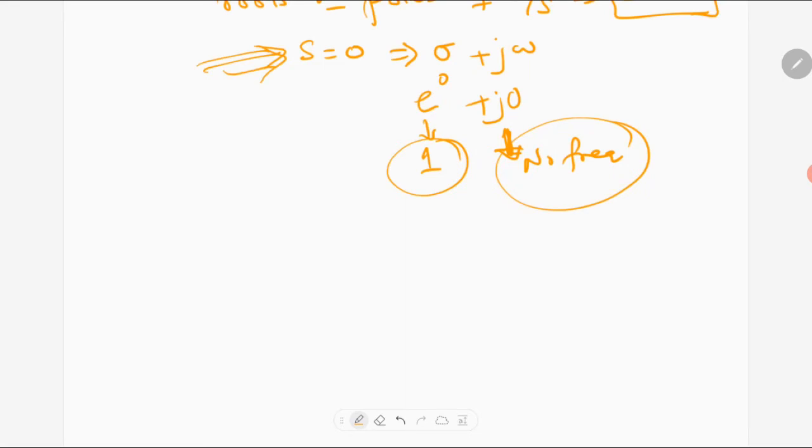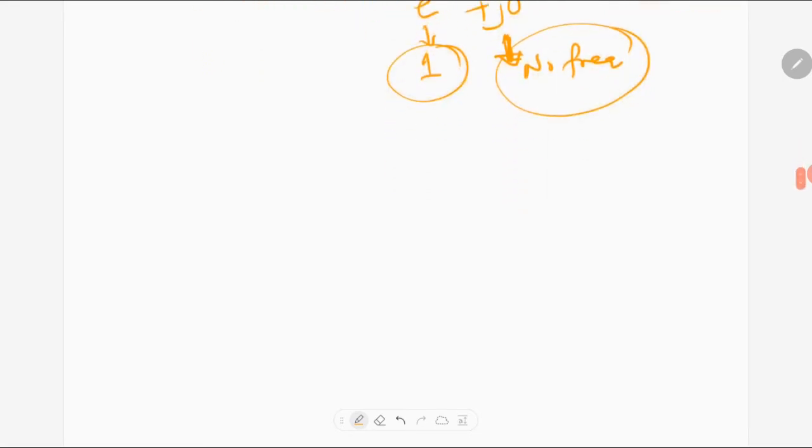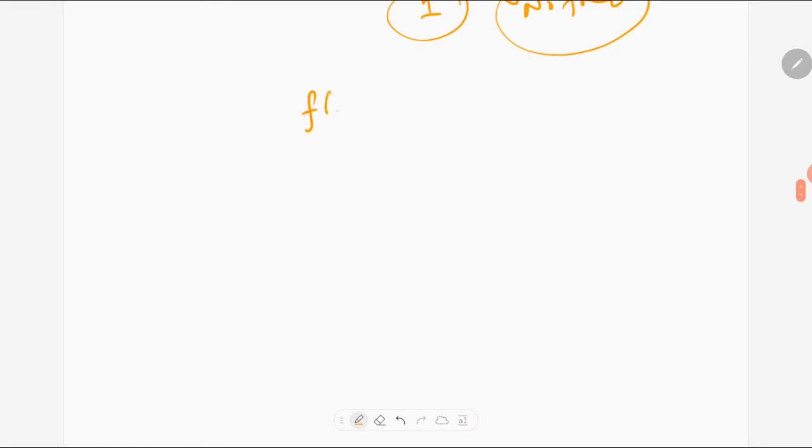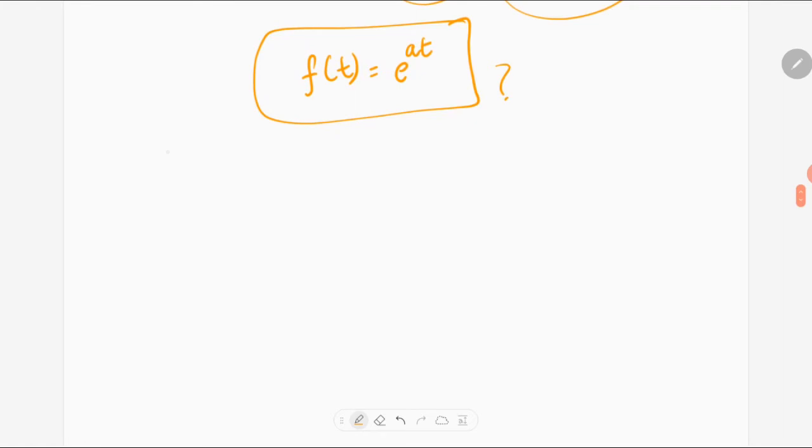Another signal that I want to discuss is this one. f of t is equal to e power at, right? So we want to find out the Laplace transform of this one.